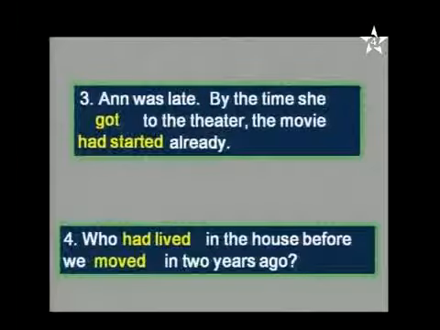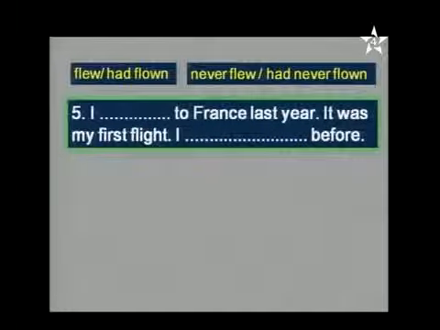Somebody had lived in the house first, and then we moved in second. Number five, I flew, or I had flown to France last year.